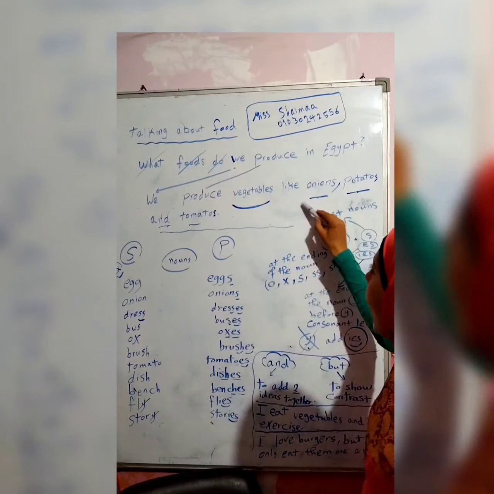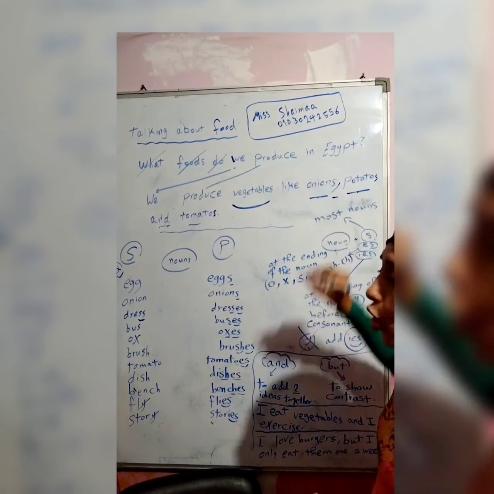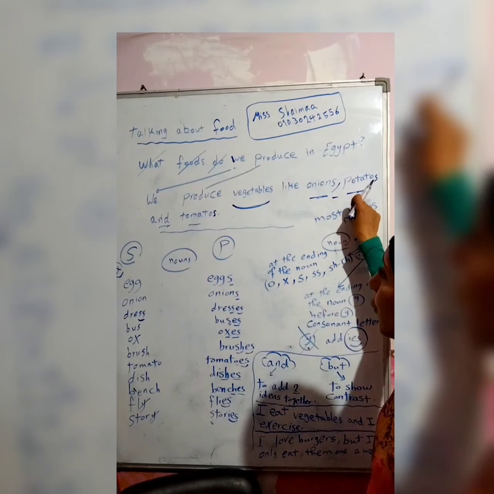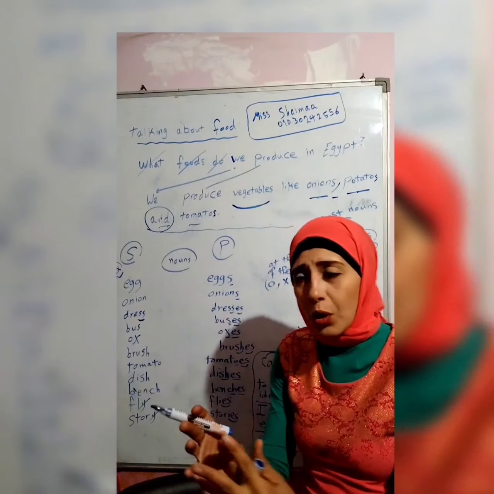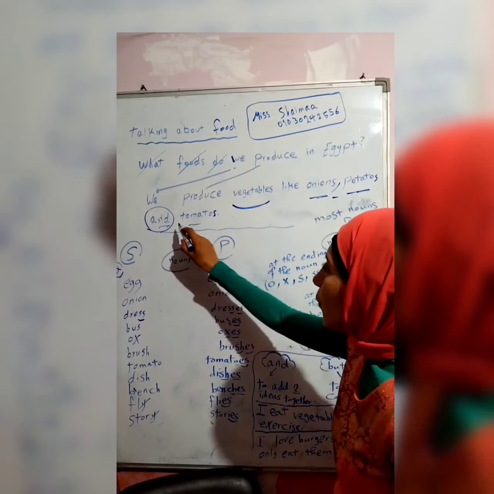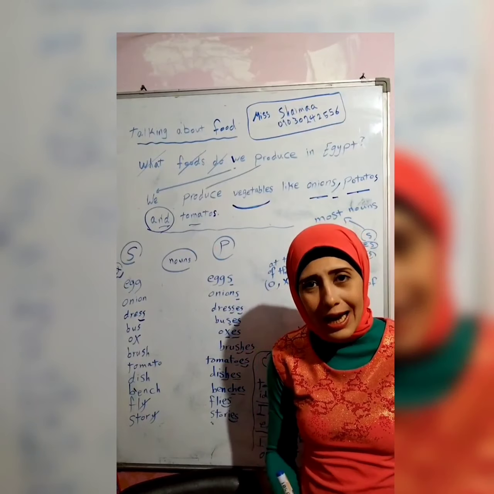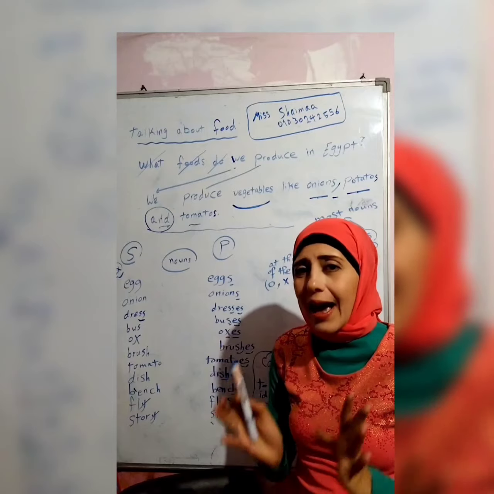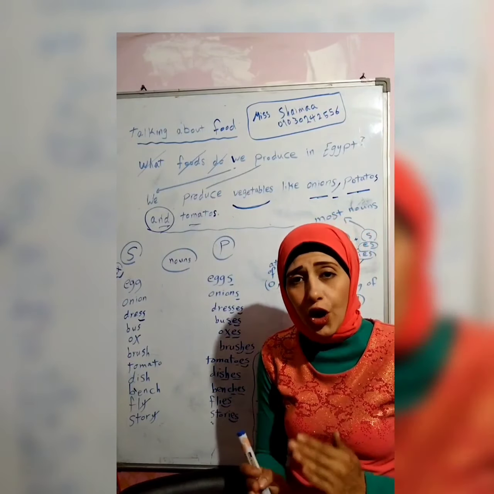Write the first one, onions. After then, put a comma. After then, put the second. After then, put and to join between all of them. After then, put the last, tomatoes. See again. We, this is the subject at the beginning. After then, produce, this is the verb.